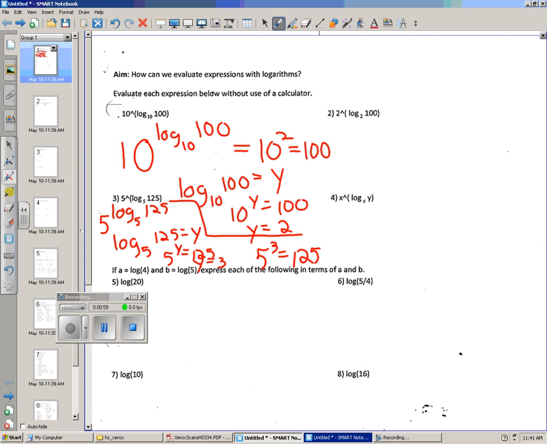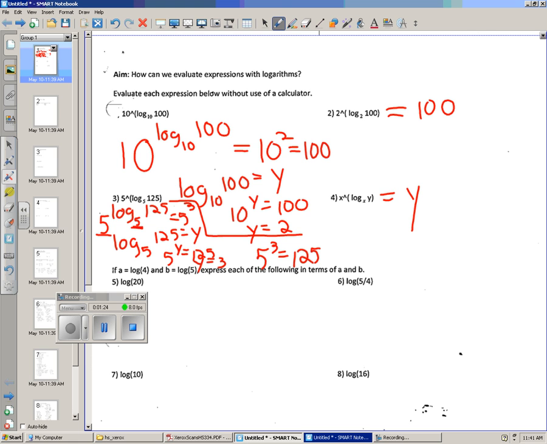So in general, let's think about what we're doing. We're saying 5 raised to what power gives me 125? Okay, that's 3. Now 5 raised to the third is 125. When these numbers are the same, you're just going to be left with the 125 or the 100. So to generalize, here we're going to get 100, and here we're going to get y.